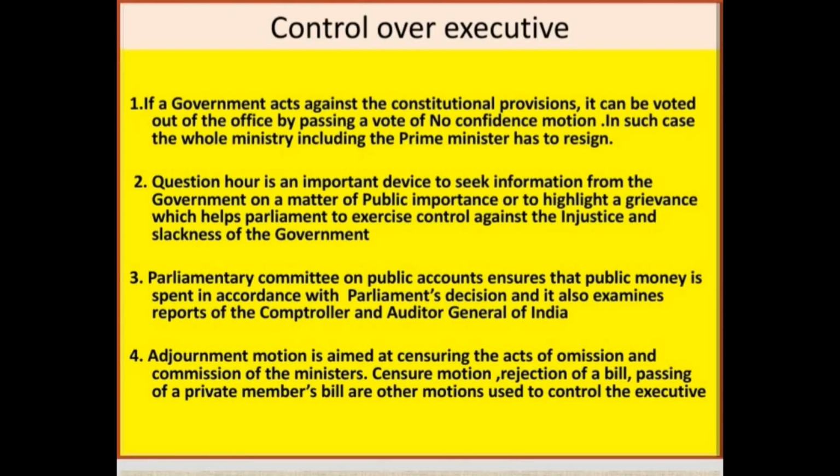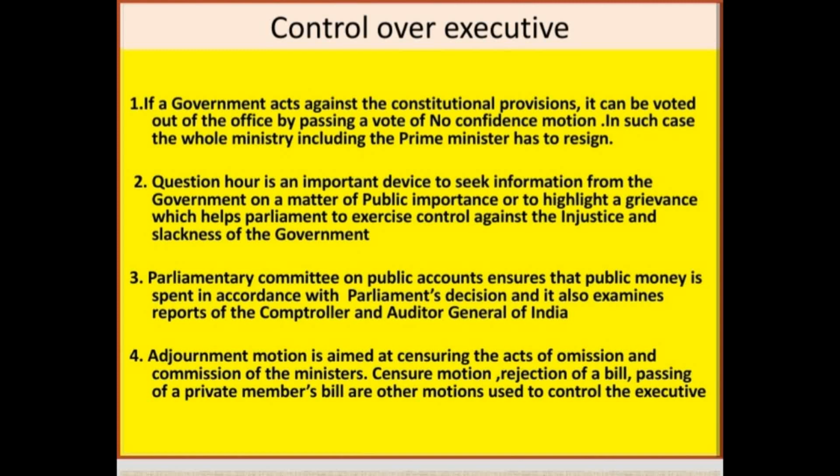After knowing who are part of the executive in the union government, let us see how the executive is controlled. If a government acts against the constitutional provisions, that means if it tries to make laws or bring decisions which are constitutionally not valid, then to protect the constitutional provisions, the opposition will use the no confidence motion and try to restrict the government from doing such unconstitutional or extra-constitutional works.